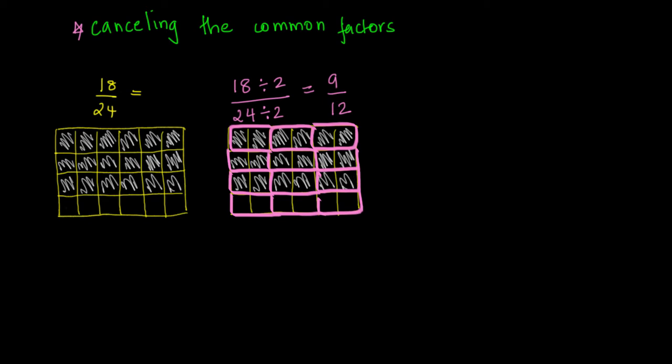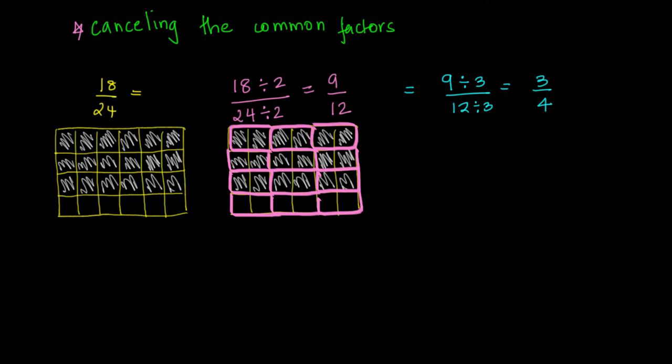If I look at 9/12, again I know that 9 and 12 share 3 as a common factor, so I can divide both the numerator and the denominator by 3. And I will get 3/4.